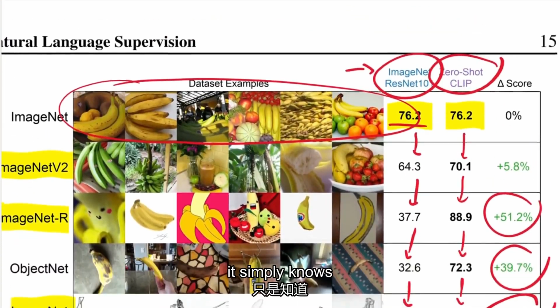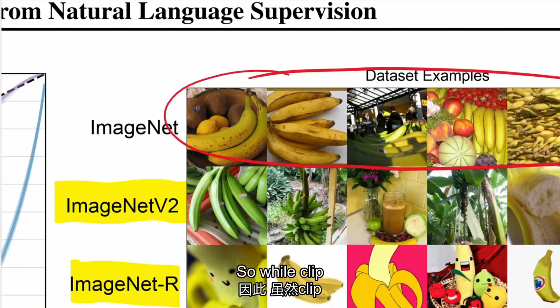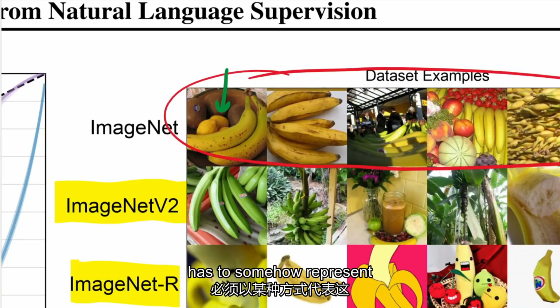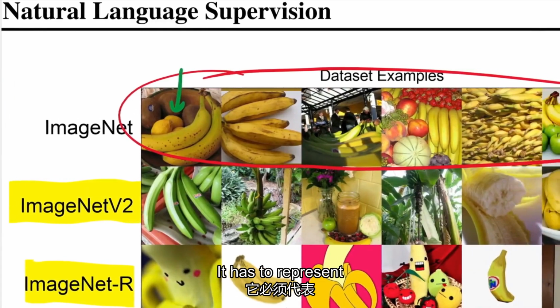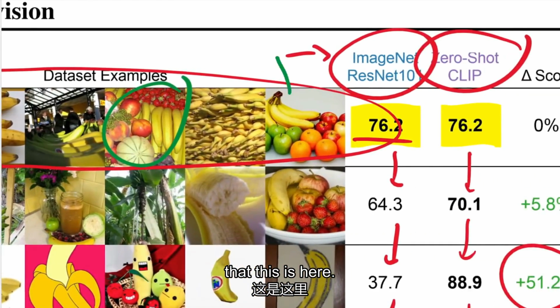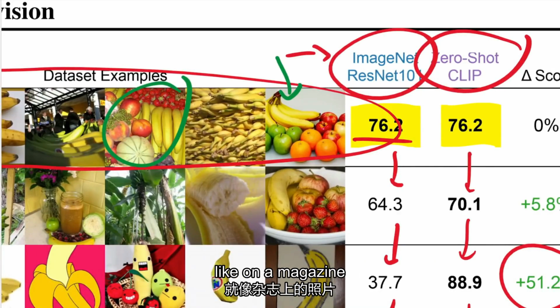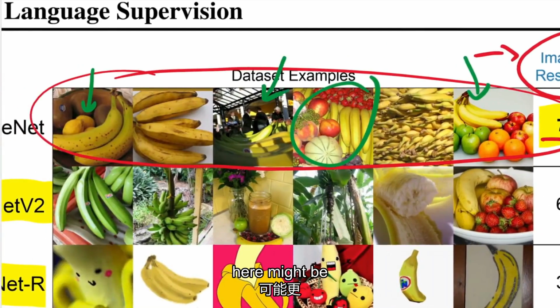Whereas CLIP simply knows how to connect images to text. So while CLIP realizes that, of course, both are described as banana, it somehow has to account for the fact that there are also lemons in here, right? It has to somehow represent that this is a bunch of fruit, and that this is maybe a high-grade picture like on a magazine, where this here might be more of a random GoPro fallen into some bunch of bananas.